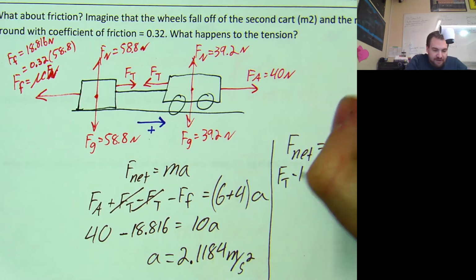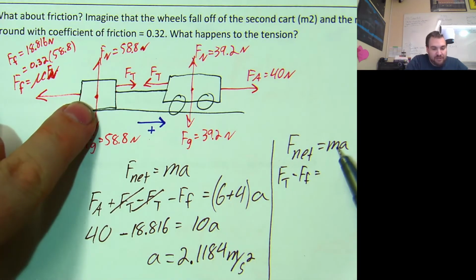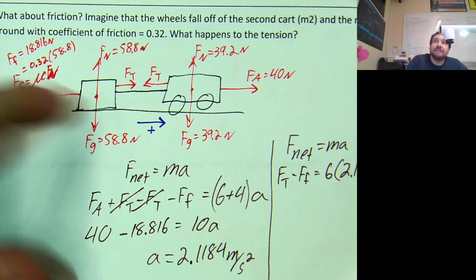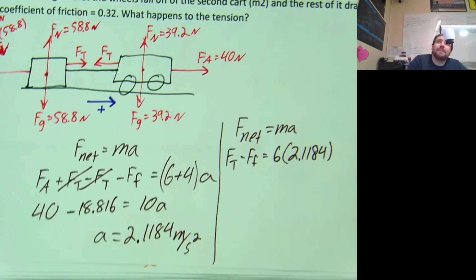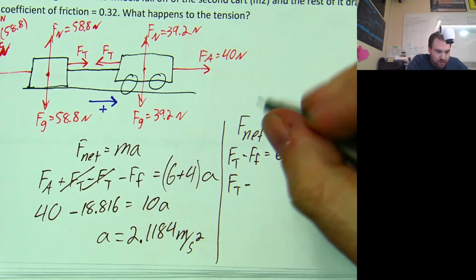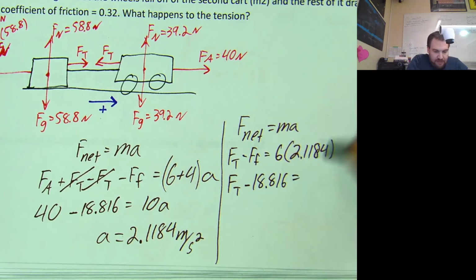Ft minus Ff equals, and now we want just the mass of the left block, so that's going to be 6. And we know the acceleration on the block is 2.1184 because it accelerates as a system. So Ft is what we're looking for. We know Ff is 18.816. Equals, what's MA?